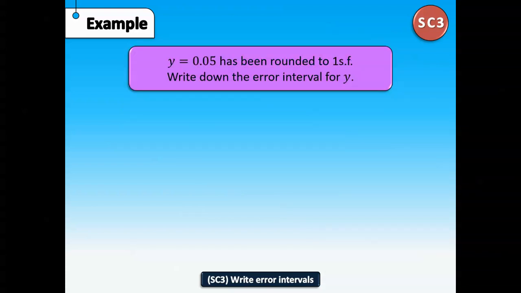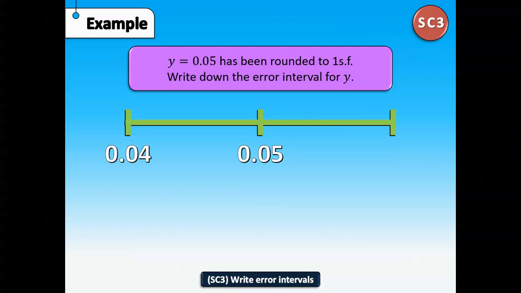Here's another example. So y equals 0.05, and it's been rounded to one significant figure. Write down the error interval for y. So there's 0.05. One significant figure below would be 0.04, and above would be 0.06.